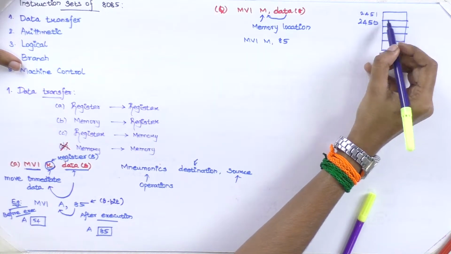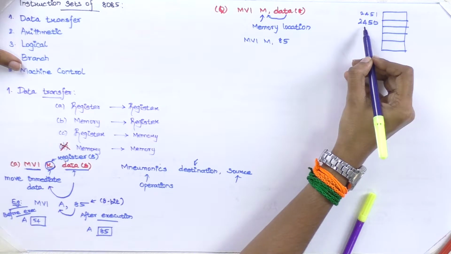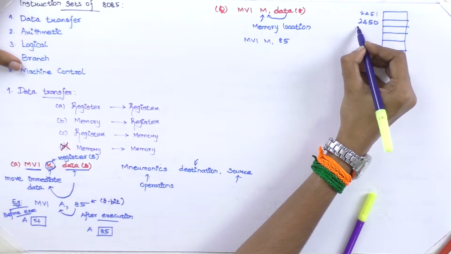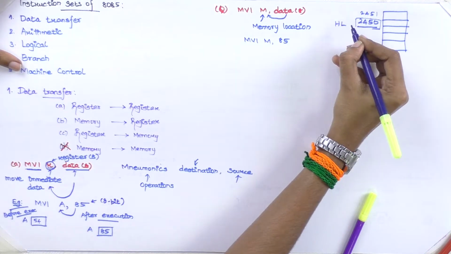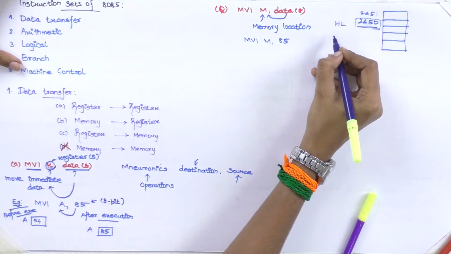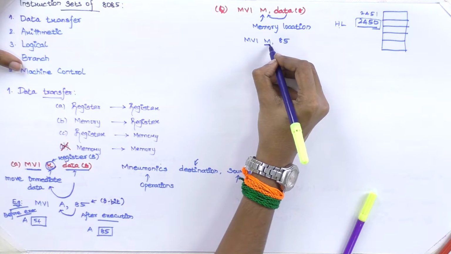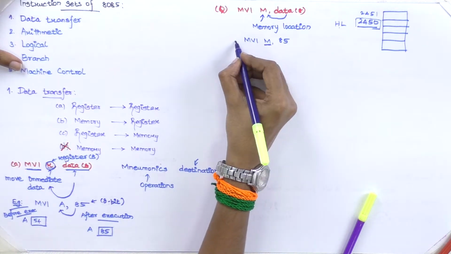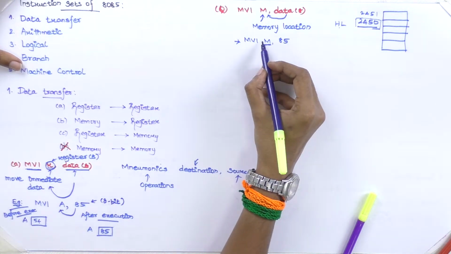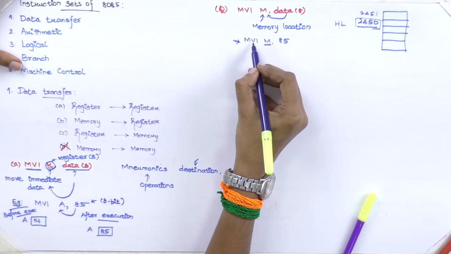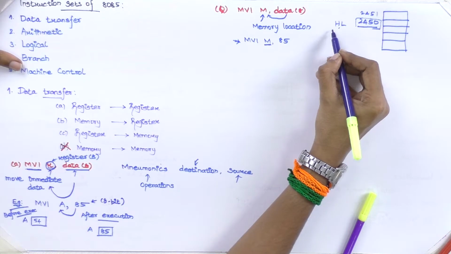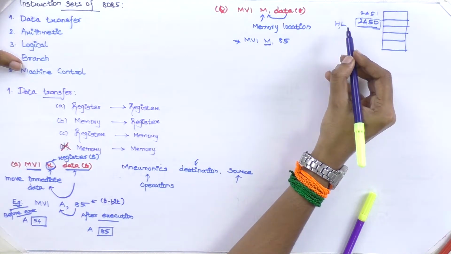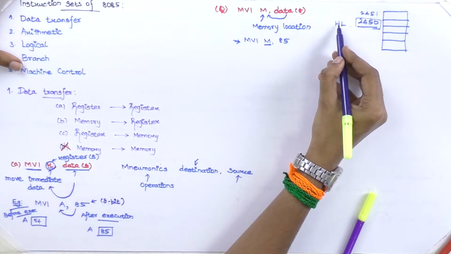you have to store this 2450 into the register pair HL. So this register pair HL is mentioned here as M. What this instruction will do is, once the processor sees and executes this instruction, it will look at the HL register pair to know what's the value stored in it, and then it will transfer to that location.